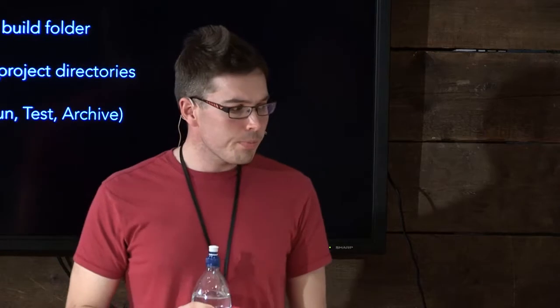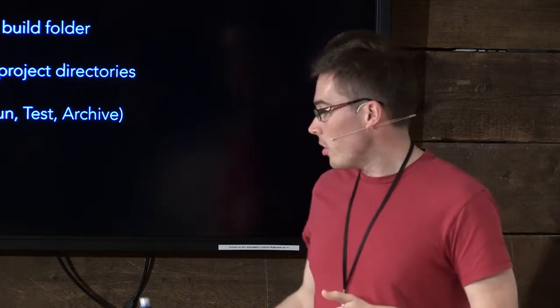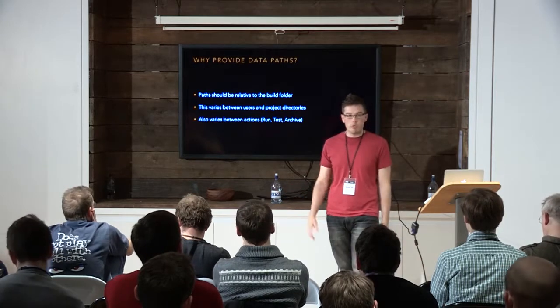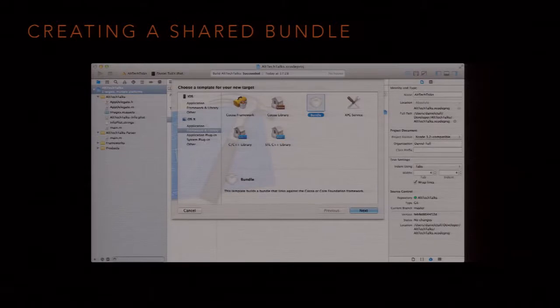Their derived data is not going to be in the same location as yours, unless everyone's username is the same. But even then, they might have moved it, because you can. Between debug and release builds, the paths are different, and if you're doing an archive, it's wildly different. So it's best not to assume anything, and you get these all from Xcode. They'll give you all these locations.